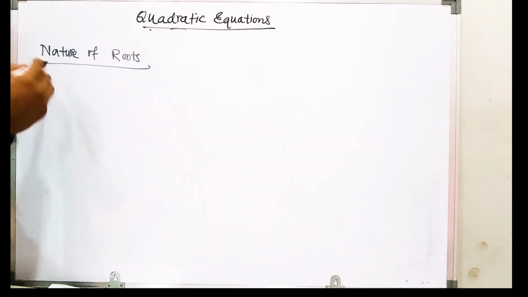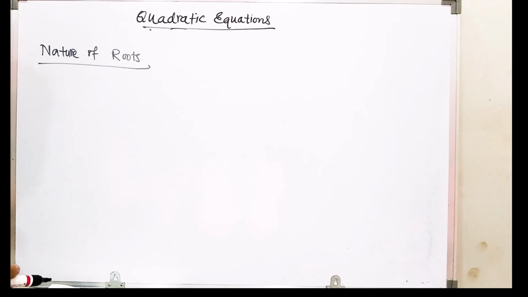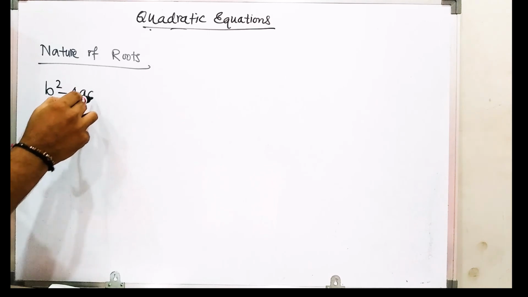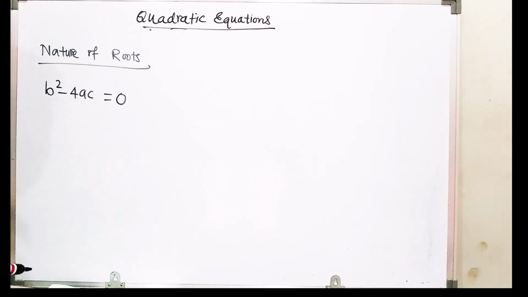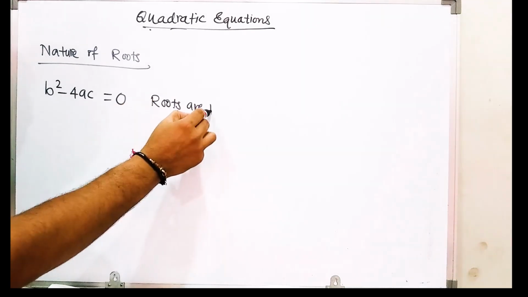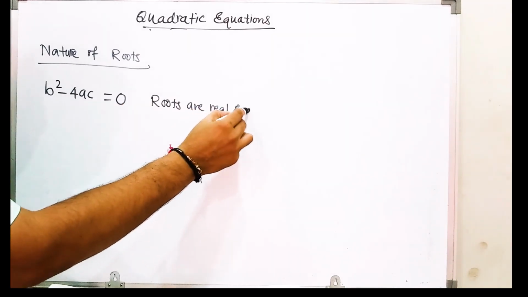Before finding the roots, you must know the nature of the roots, and that nature of the roots we can find out by finding the discriminant. Now discriminant is given by b square minus 4ac. If the value of b square minus 4ac is equal to 0, then the roots are real and equal.